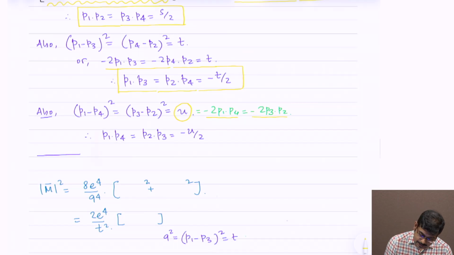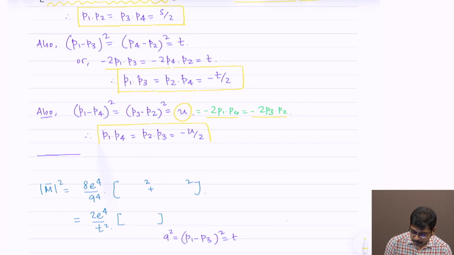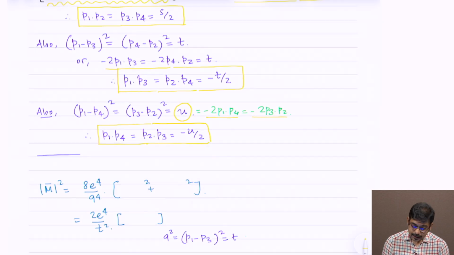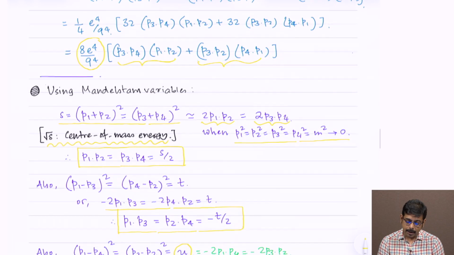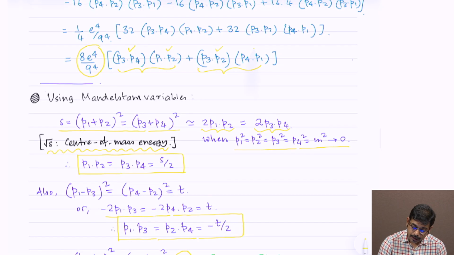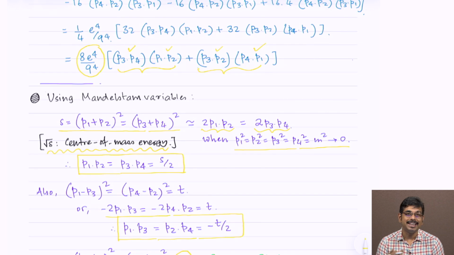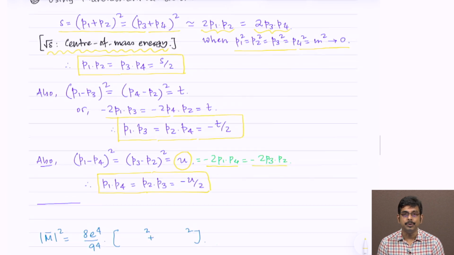Therefore, you can say that P1 dot P4 equal to P2 dot P3 is equal to minus U by 2. So essentially, you see that in the matrix element square, all these dot products of the four momenta can now be explicitly replaced by these Mandelstam variables S, U and T.